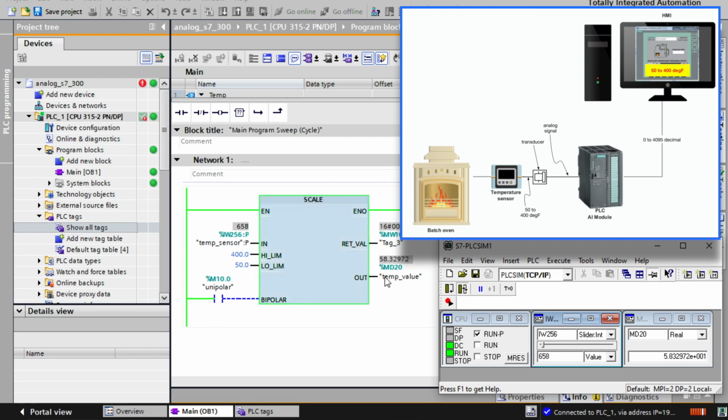We can see the changes of the temperature value happen on the ladder as well as on the PLC sim. Okay, thank you.